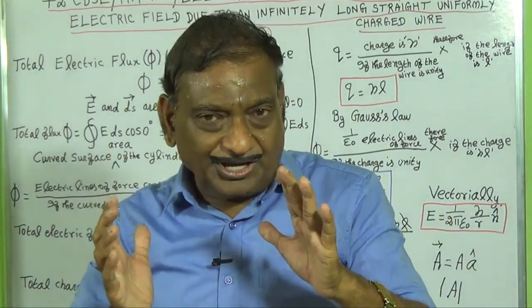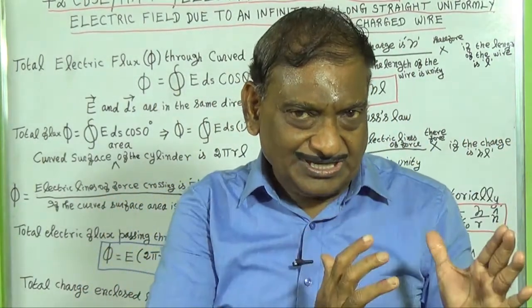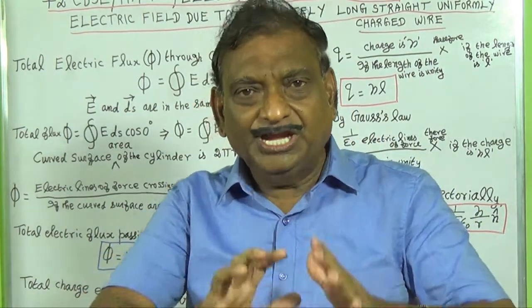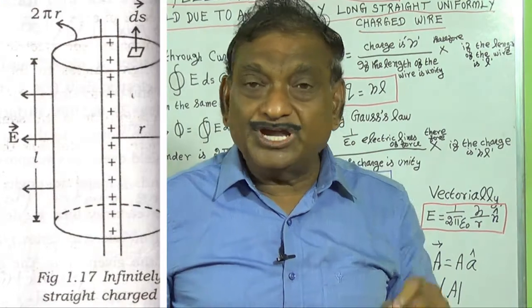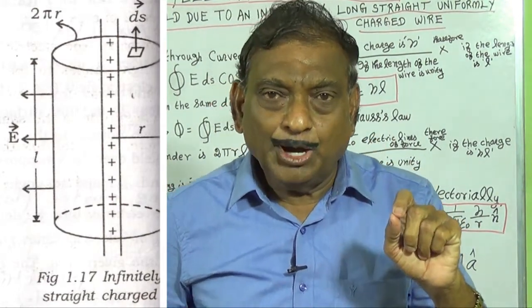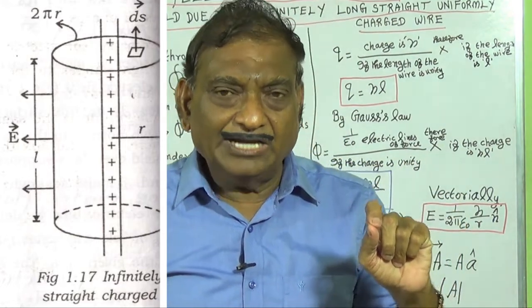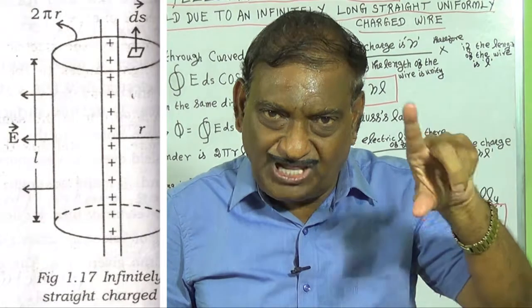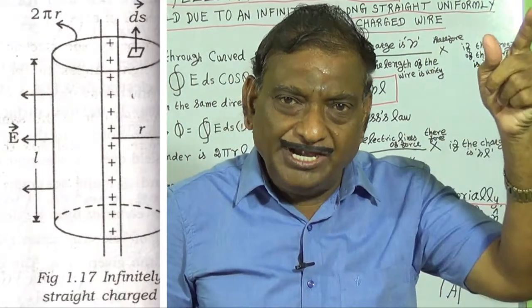Now we have calculated the electric flux in terms of area and the electric flux in terms of charge. You can see the diagram for knowing the point P and the distance R, the Gaussian surface and also the end caps.